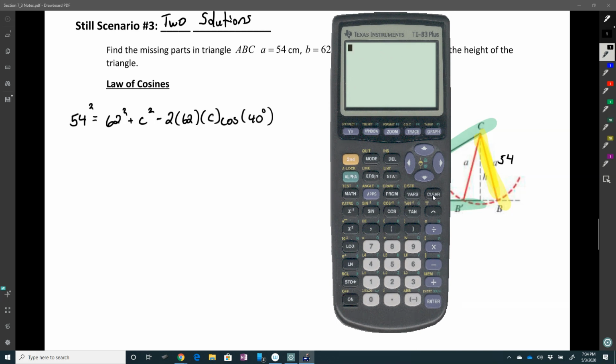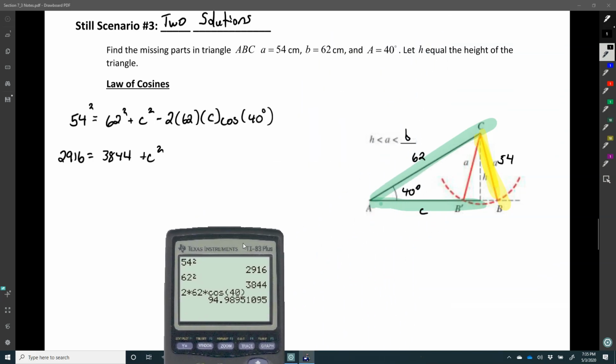Now the numbers here are going to be pretty big. 54 squared is 2916. 62 squared, 3844, plus c squared, and then 2 times 62 times cosine of 40. So that's really close to, that actually rounds up to 95.